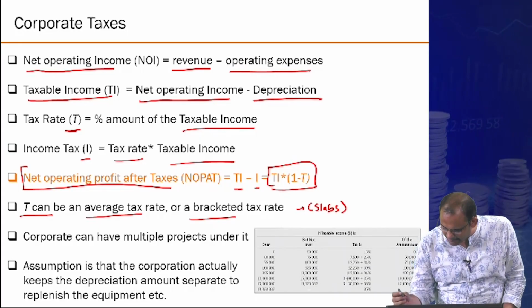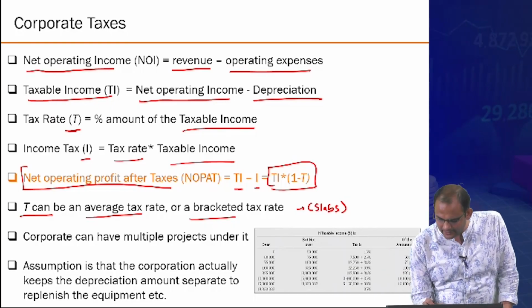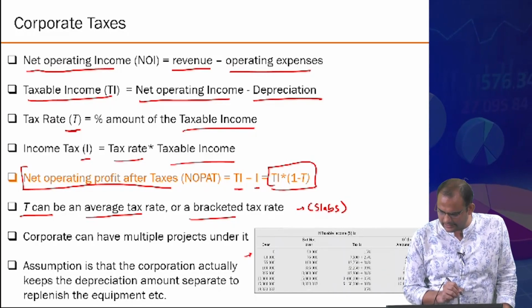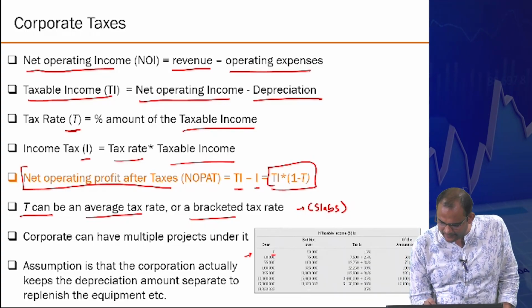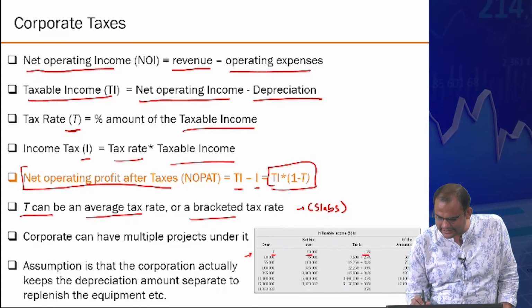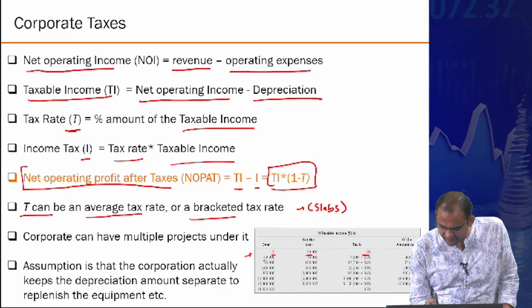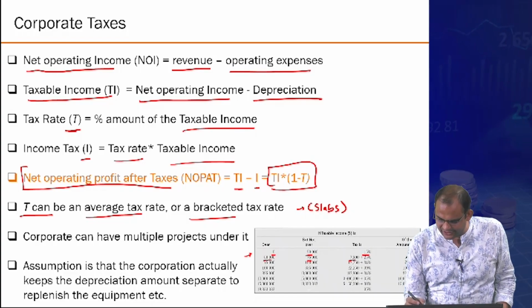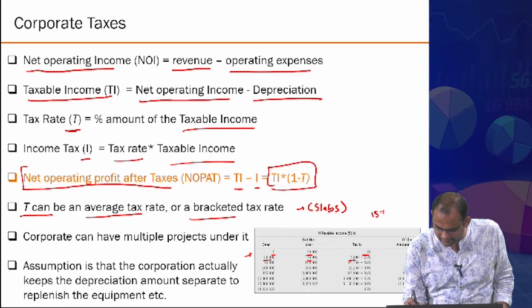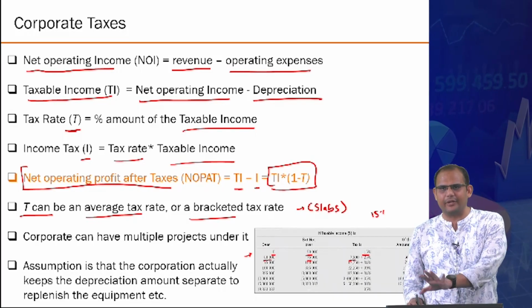So here is just an example. I think I've taken this from a book and it could be a US system. What it says is that between 0 to 50,000, the tax is 15%. Between 50,000 to 75,000, the tax is 25%.